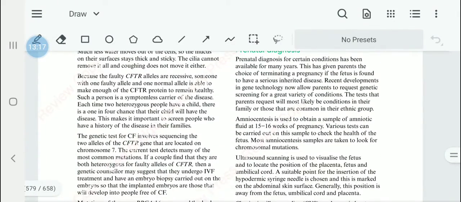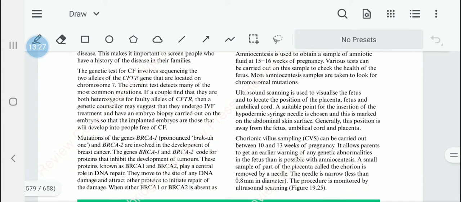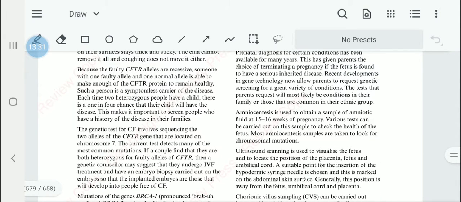Now, in prenatal diagnosis, when a fetus has developed, within about 15 or 16 weeks into the pregnancy you can obtain amniocentesis.